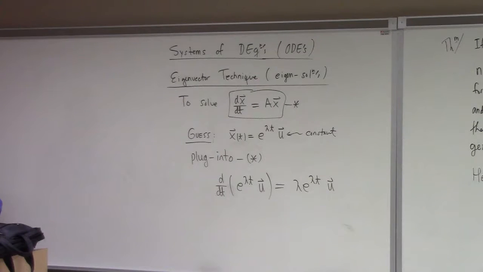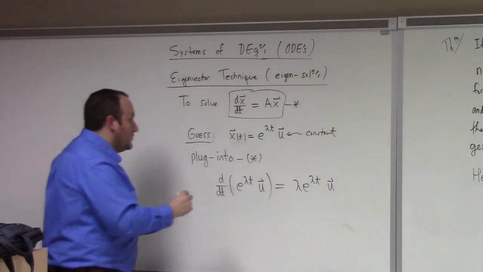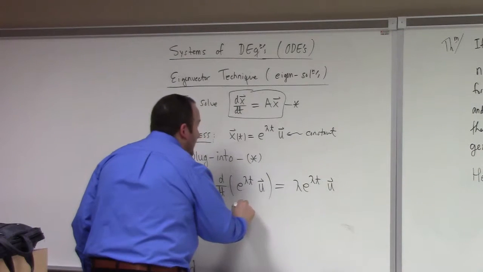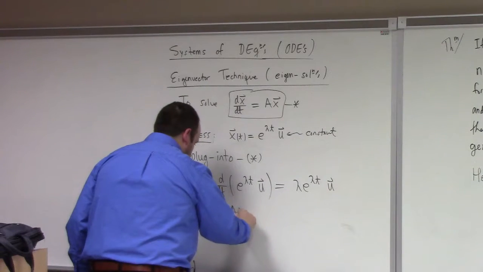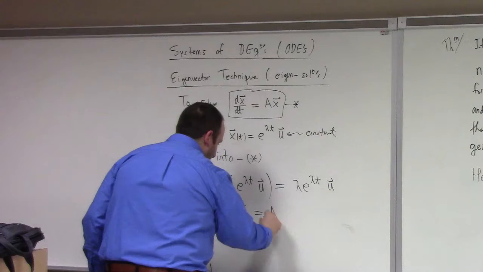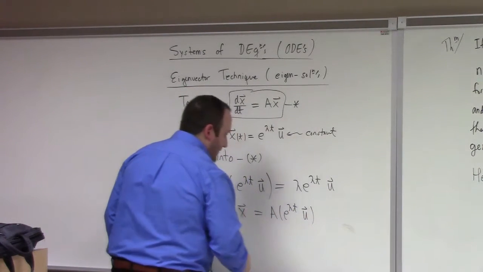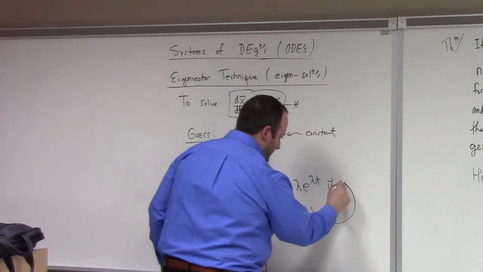What else? On the other hand, we want A times x. Excuse me, what's A times x? Well, that would be A times e^(λt) times u, right? We want these two things to be equal.